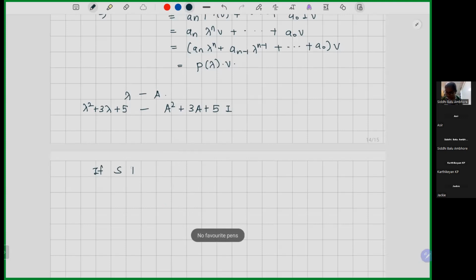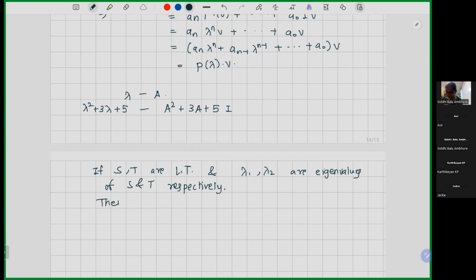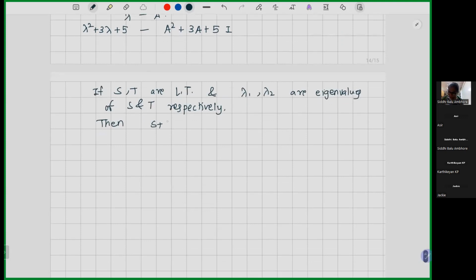If S and T are linear transformations, and λ1 and λ2 are eigenvalues of S and T respectively, then λ1 + λ2 need not be an eigenvalue of S + T. That's what I'm saying. You can cook up examples for this.